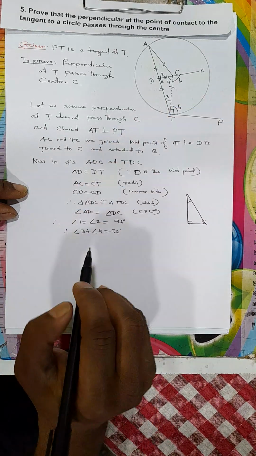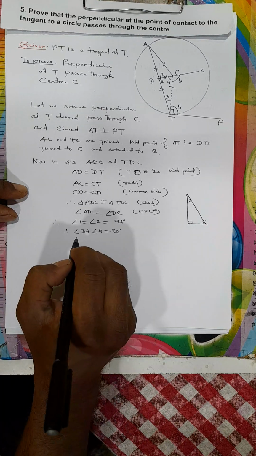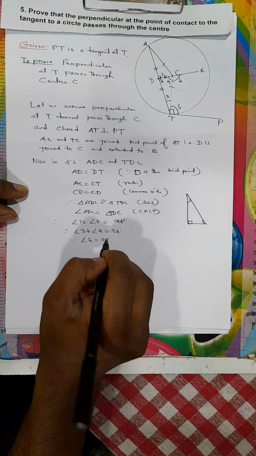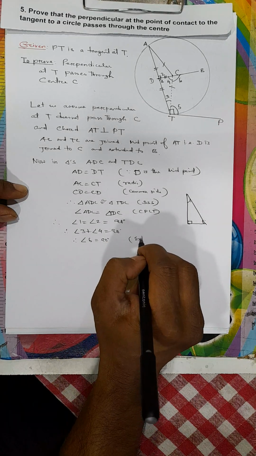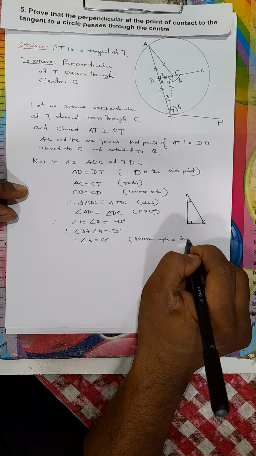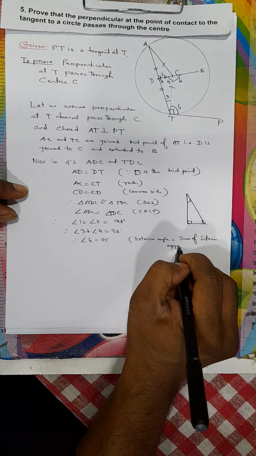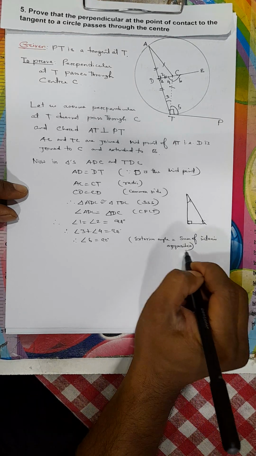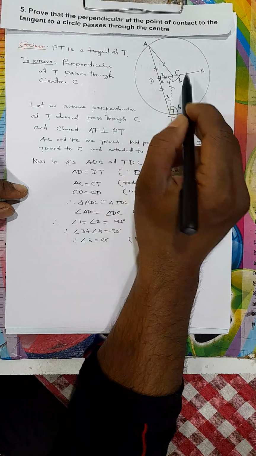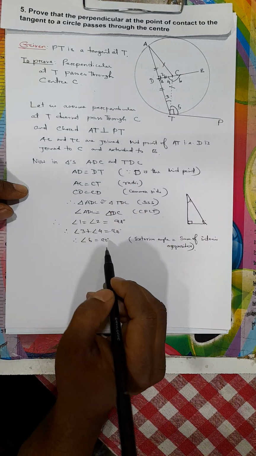So angle 3 plus 4 is 90 degrees, therefore angle 6 equal to 90 degrees. Exterior angle equals the sum of the interior opposite angles. Angle 6 is the exterior angle for triangle TDC. Therefore angle 6 equal to 3 plus 4. Since 3 plus 4 is 90 degrees, angle 6 is 90 degrees.